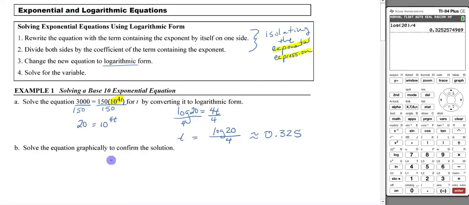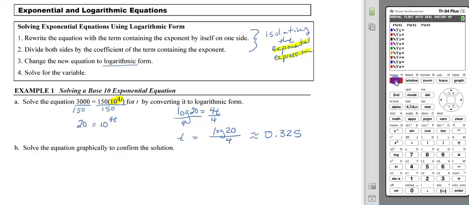Let's solve the equation graphically to confirm this solution. So we can go to the equation editor and put 150 times 10 to the 4x. And the other side of the equation is 3000, so we enter that as its own value.